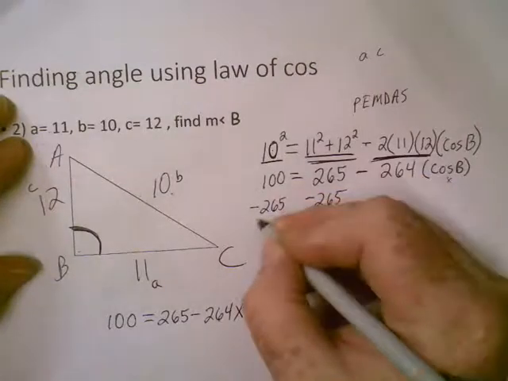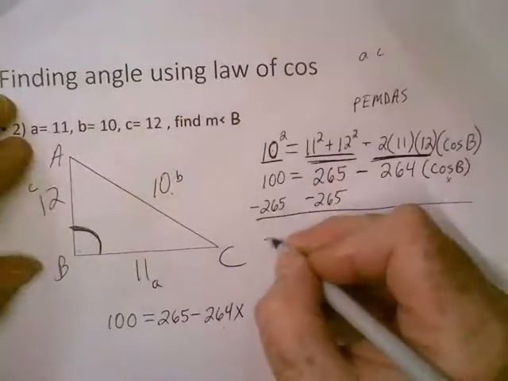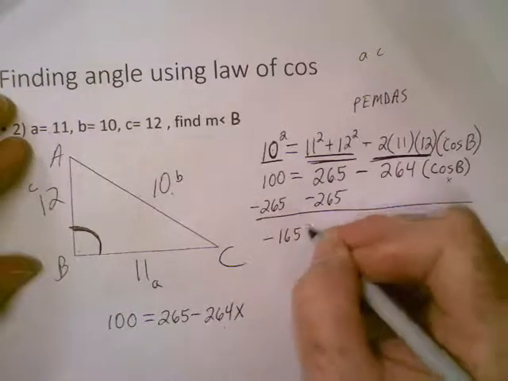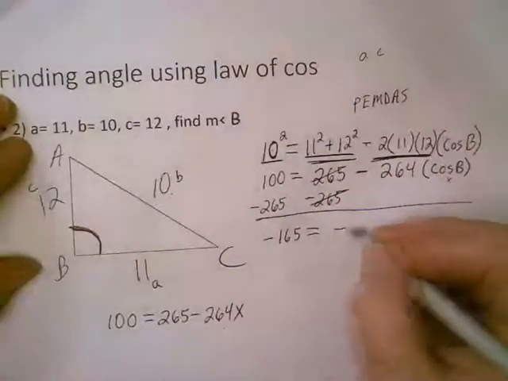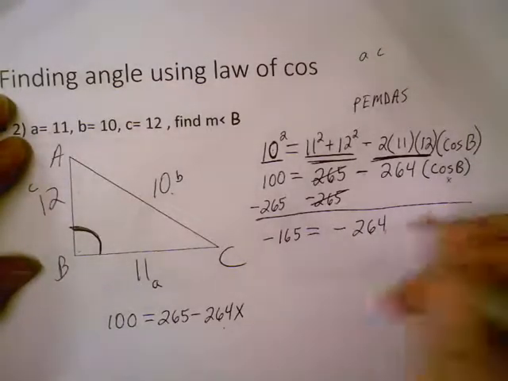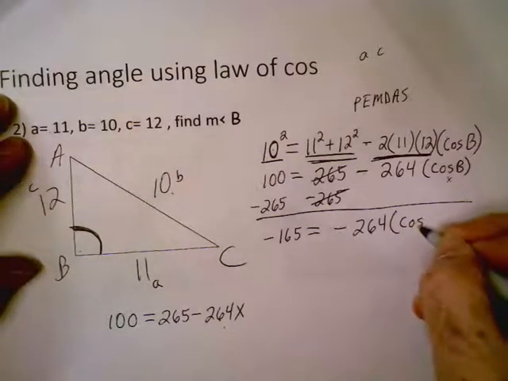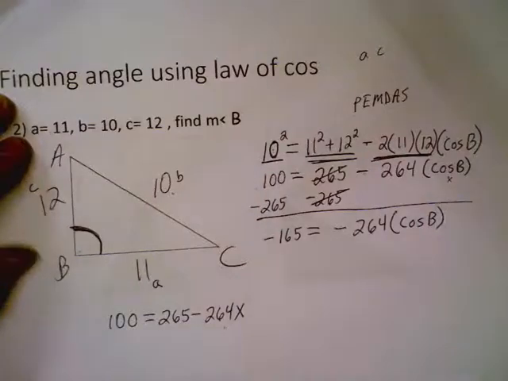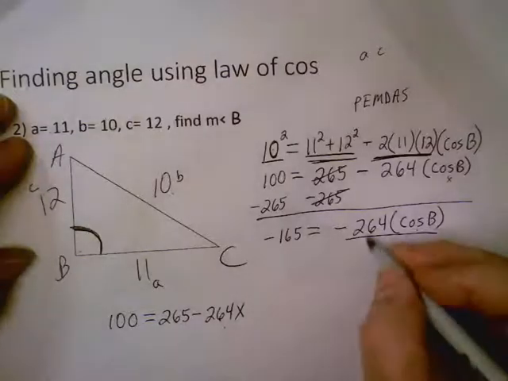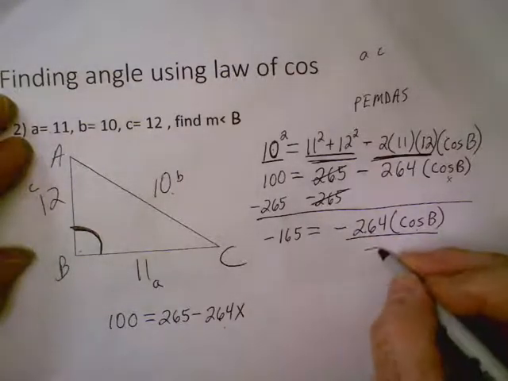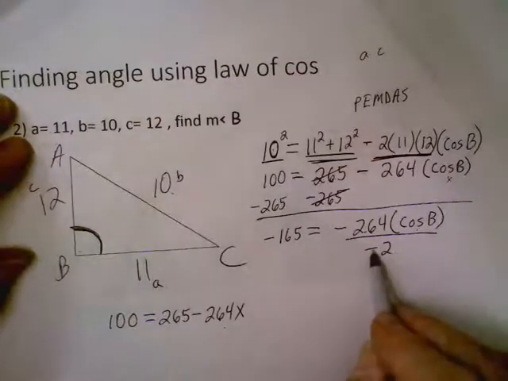Minus 265. That ends up giving us negative 165 equals, these two cancel out. Over here you're left with negative 264 times the cosine of B. The next step, we're trying to get cosine of B by itself, so we want to divide both sides by whatever's out in front of it here. You've got to remember that you're dividing by a negative here.